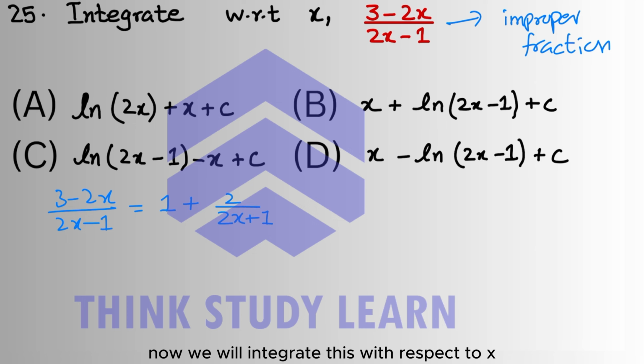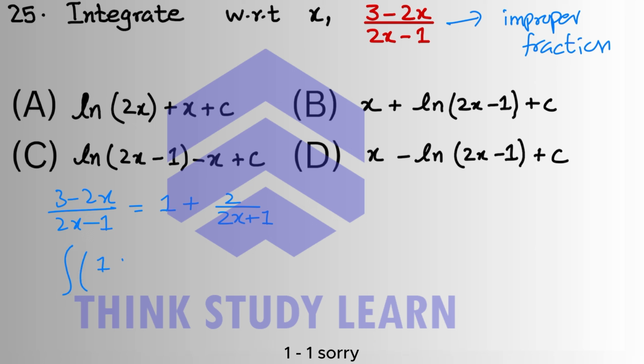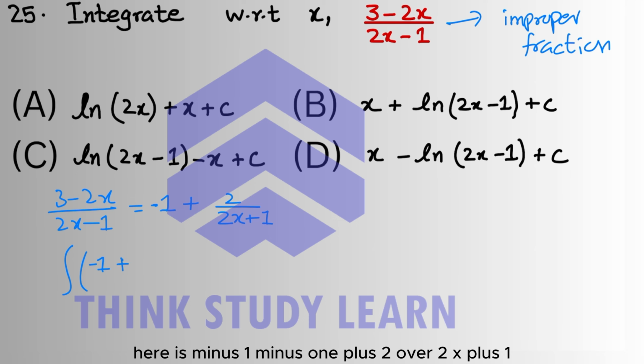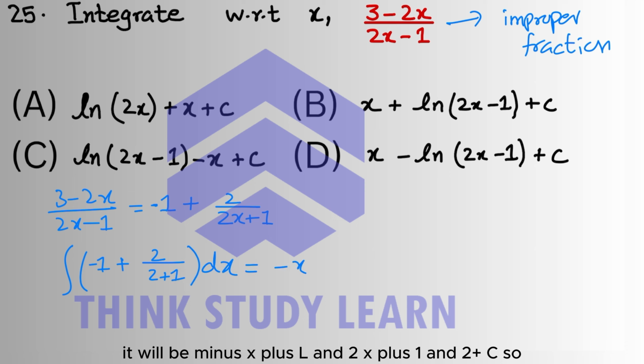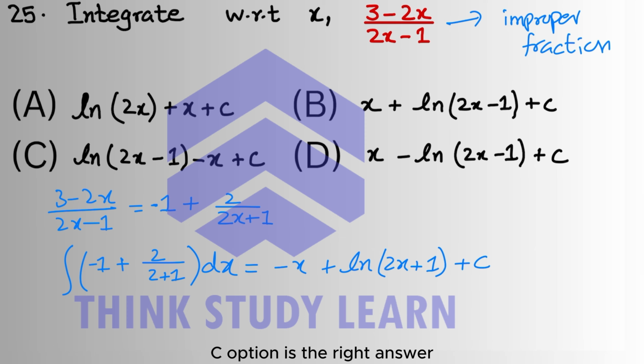Now we will integrate this with respect to x. Minus 1 plus 2 over 2x minus 1 into dx will be minus x plus ln of 2x minus 1, plus c. So C option is the right answer.